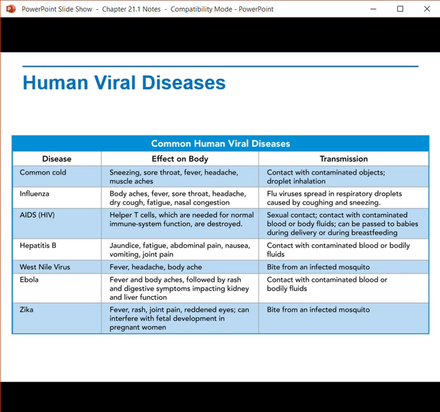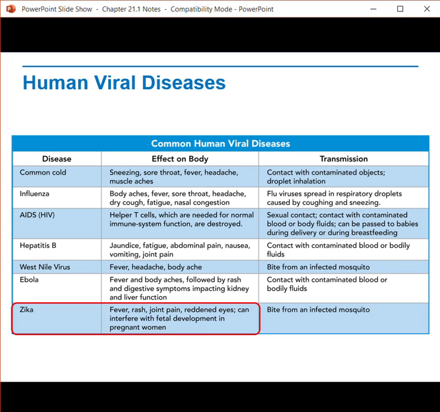How is it transmitted? The virus that comes from the bite of an infected mosquito can be West Nile virus. You also see that a bite from an infected mosquito can be, I'm sorry, that said Zika. It's Zika virus. This one could also be West Nile virus because this is also a form of transmission.